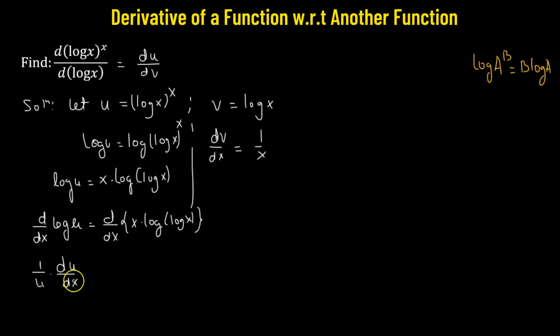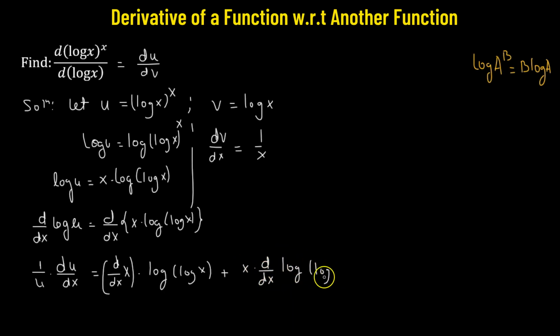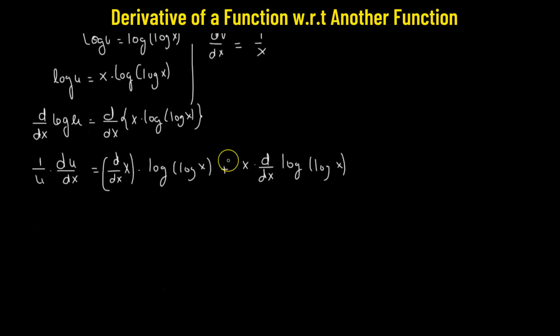Here we have used the chain rule, and we will take the product rule. So this will be the derivative of x multiplied by log log x plus x times the derivative with respect to x of log log x.